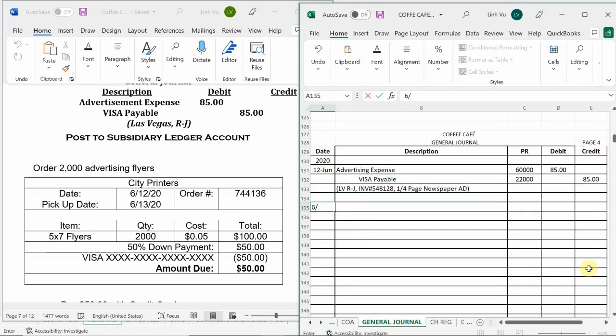Accounts payable. Not accounts payable. Visa payable. Yes, we paid with a Visa credit card, right?